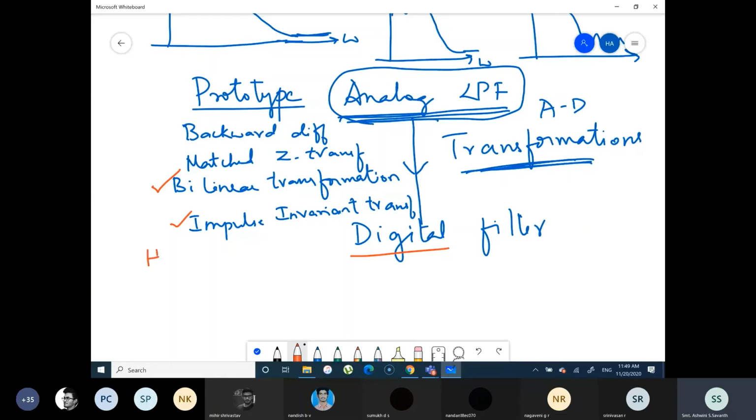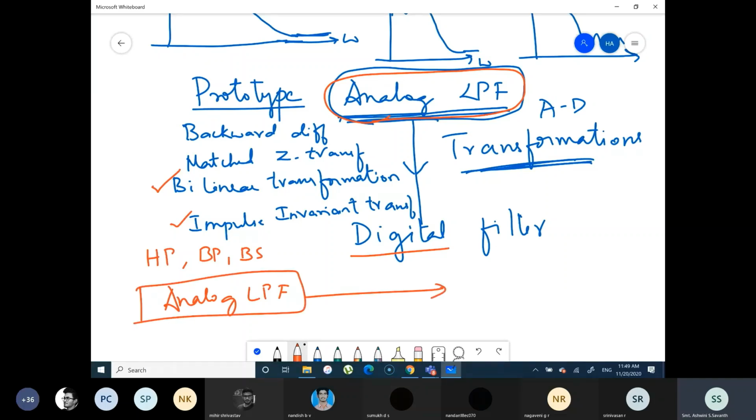Then, how to design a high pass, band pass, and band stop filter? Again, the analog low pass filter forms the prototype for us. To this filter, we can apply analog to analog transformations to convert the low pass to high pass, band pass, or band stop.